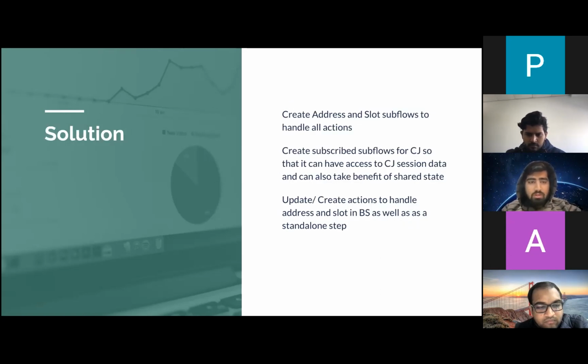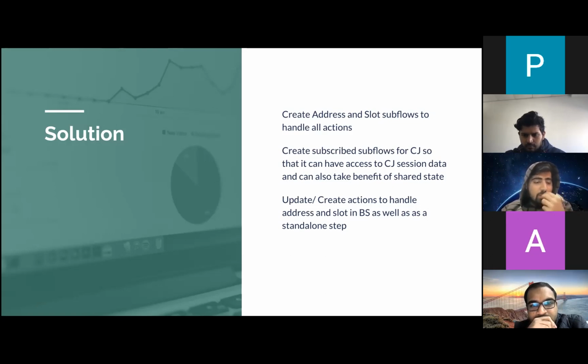So now what was the solution? The solution was simple: we will create address and slot subflows to handle all the actions. Now these subflows will be independent and reusable, which we will use in our customer request journey to open address and slot as an individual page, and we'll reuse these subflows in our independent pages, the pages which are being opened in the bottom sheets.